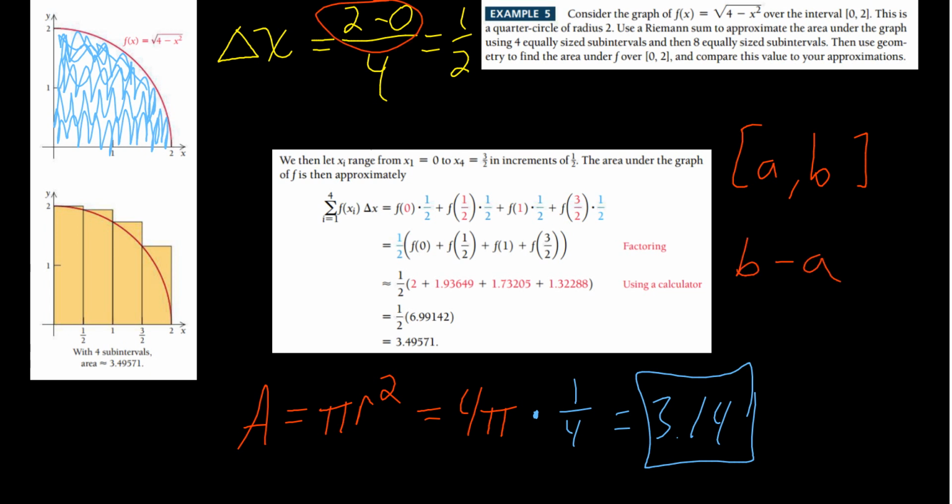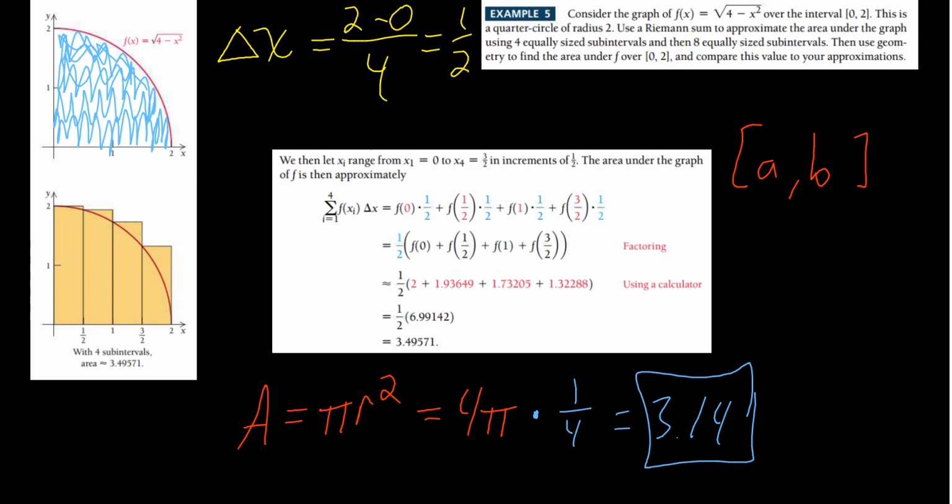I don't think the text actually said anything about it, but we're talking about it now. You do b minus a divided by how many subintervals you have. In this particular case, b minus a is 2, and we're dividing it into 8 equal subintervals, so it's 2/8, or 1/4.